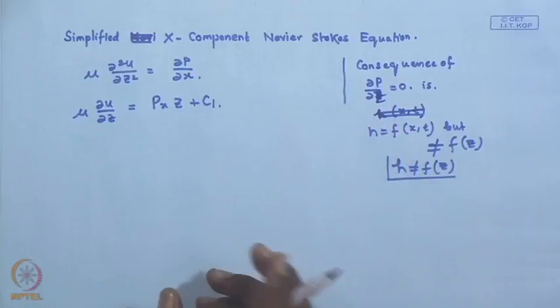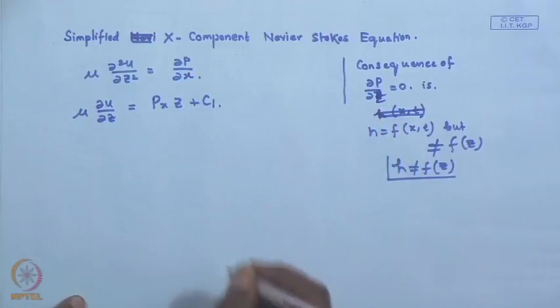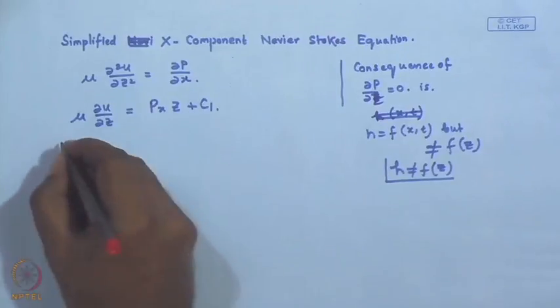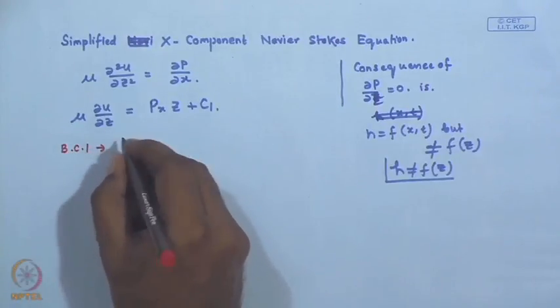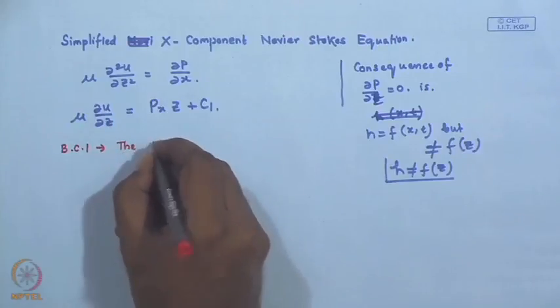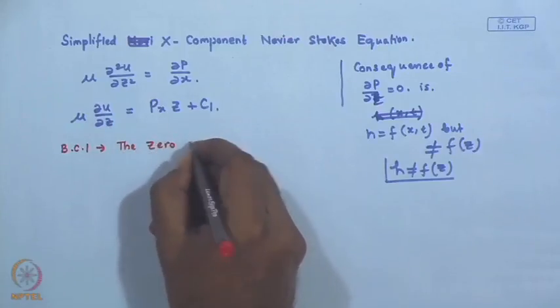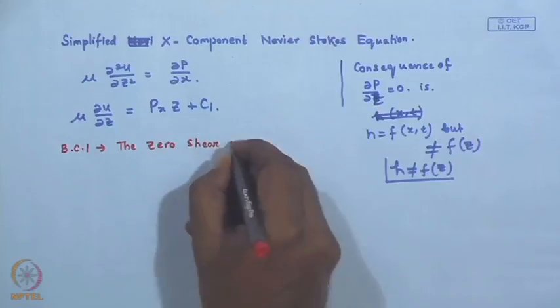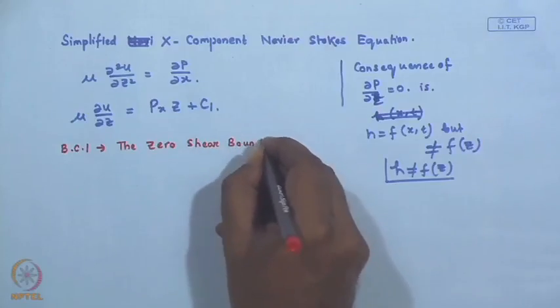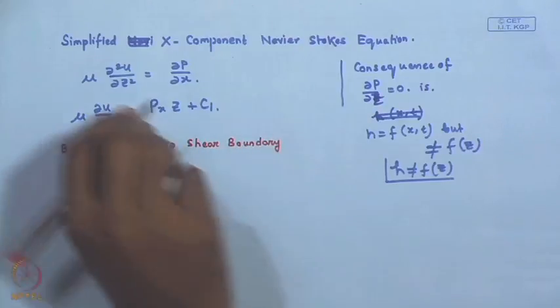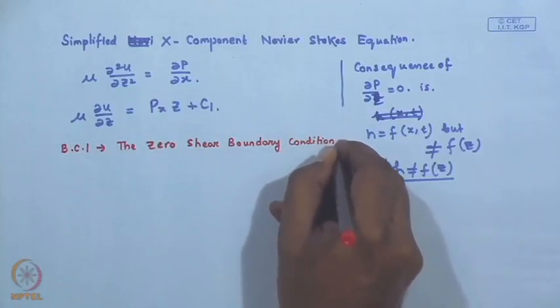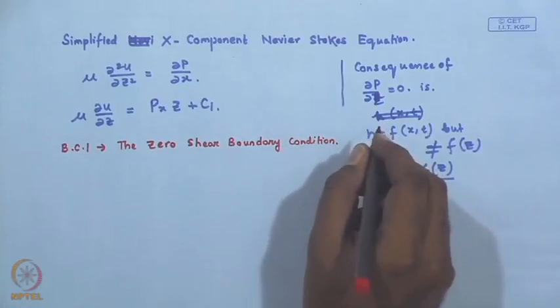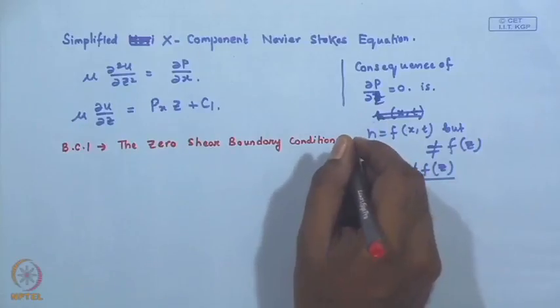Now, the first boundary condition we invoke is the zero shear boundary condition, which gives that at the free surface the shear stress is 0.